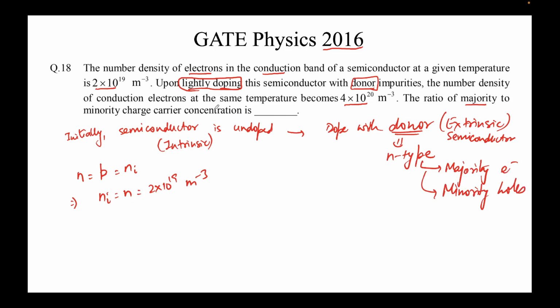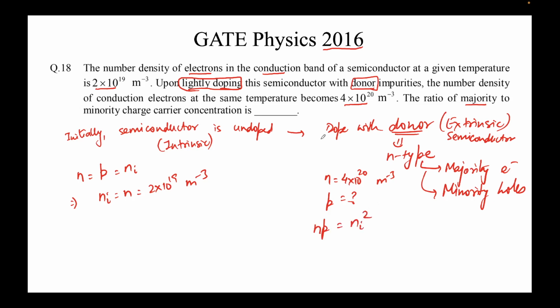It has been given that the number of electrons after doping becomes 4 into 10 to the power 20 per meter cube. Now, what happens to the number of holes? Let's assume the number of holes after doping is p. We don't know this value, but we do know that the law of mass action will still remain valid, that is np equal to Ni square.